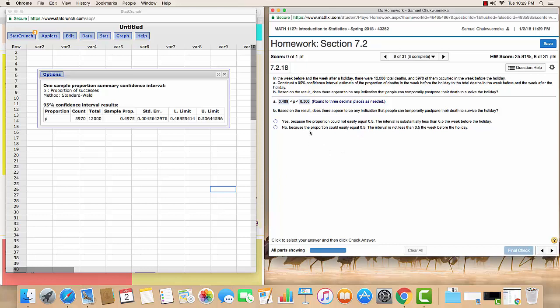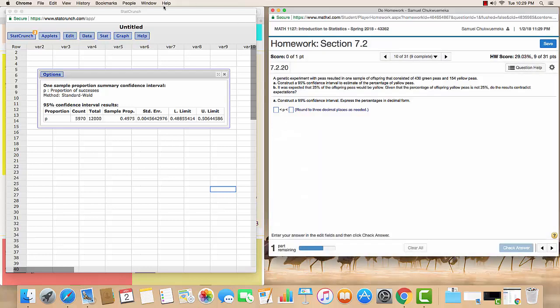See that? You look at the two limits, lower confidence limit and upper confidence limit, it could easily equal 0.5. So some of these follow-up questions that they ask, you really need to read and understand it first before you make a selection.